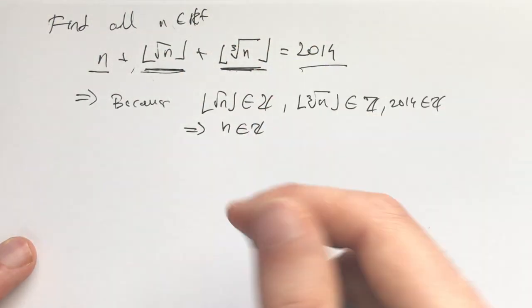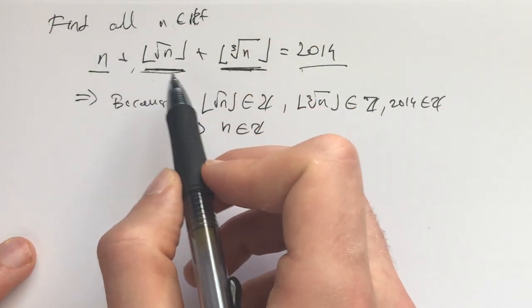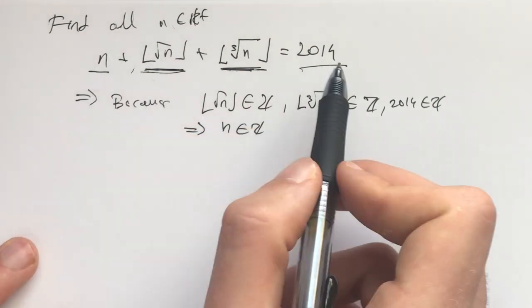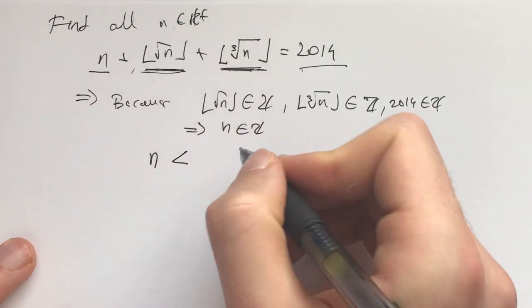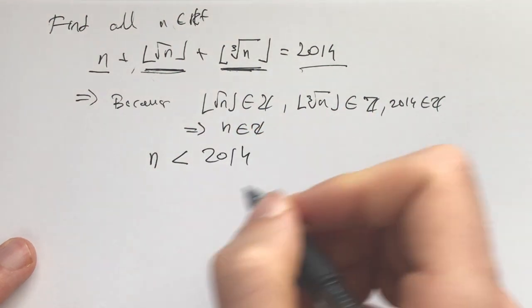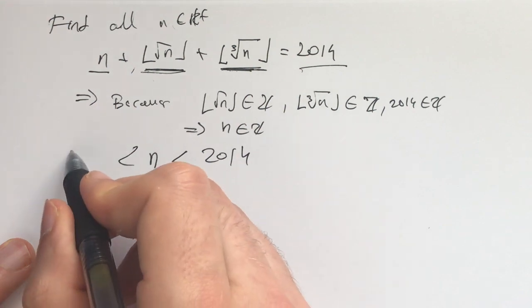Then let's translate that into math. So we have, what do we know about n? n cannot be greater than 2014. So we know that n is less than 2014. And we know it's greater than, say, 1,000.